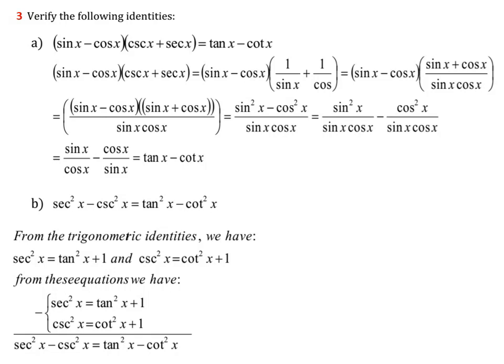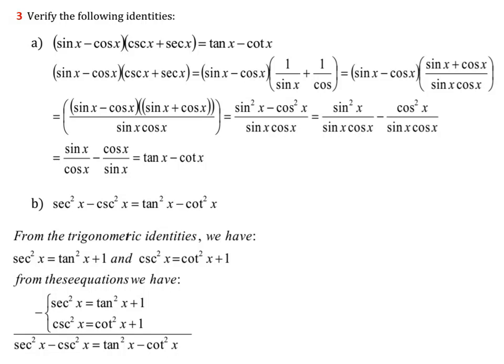That means cosec x is the same as 1 over sin x, and sec x is the same as 1 over cos x. So (sin x minus cos x) times (cosec x plus sec x) is the same as (sin x minus cos x) the whole times (1 over sin x plus 1 over cos x).